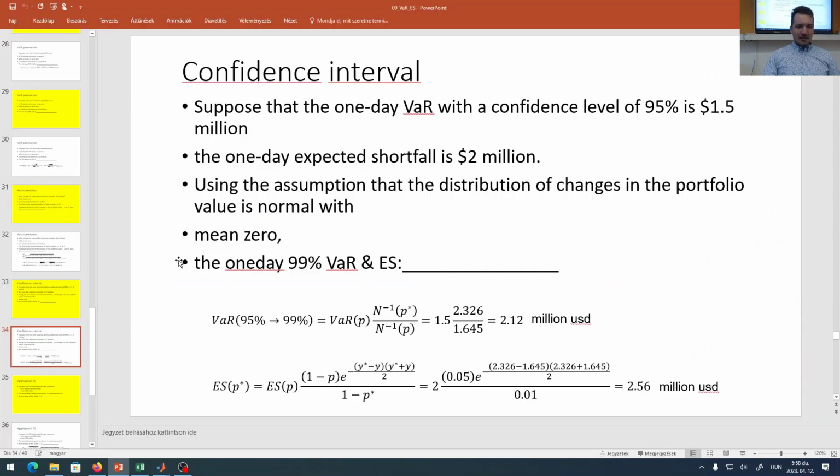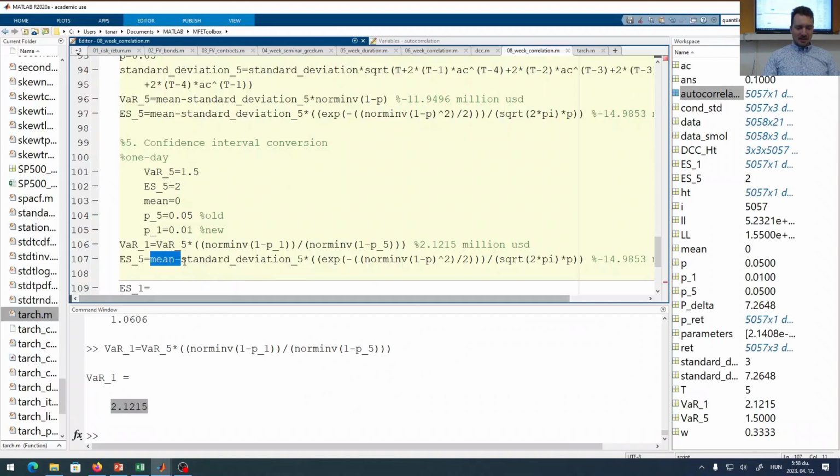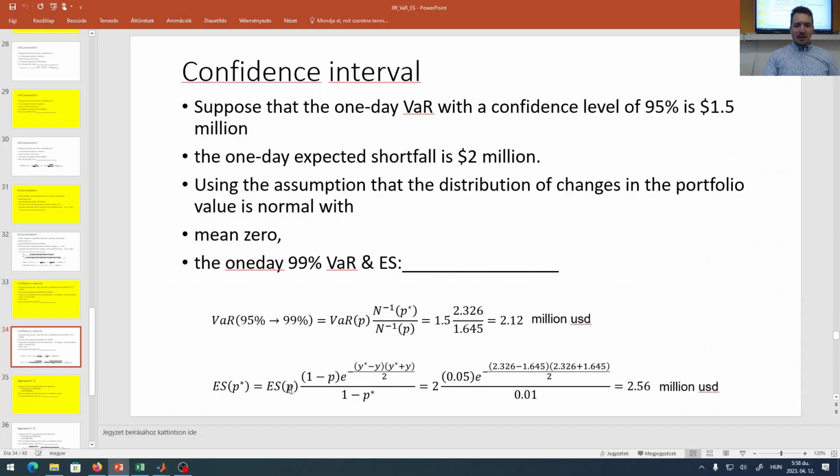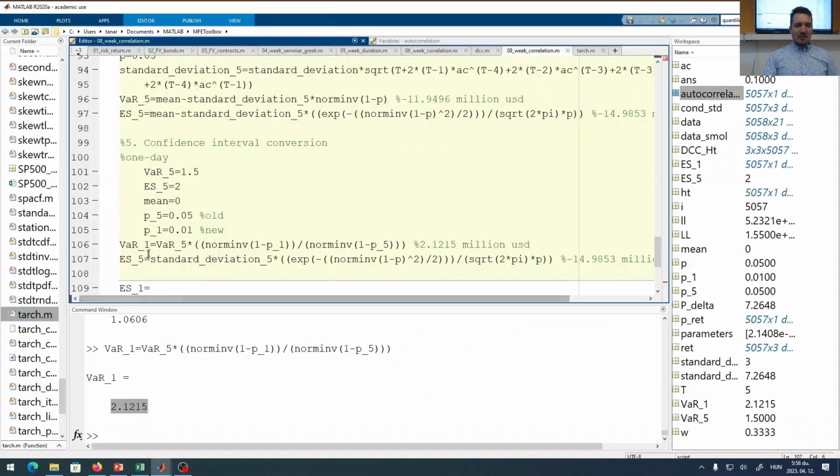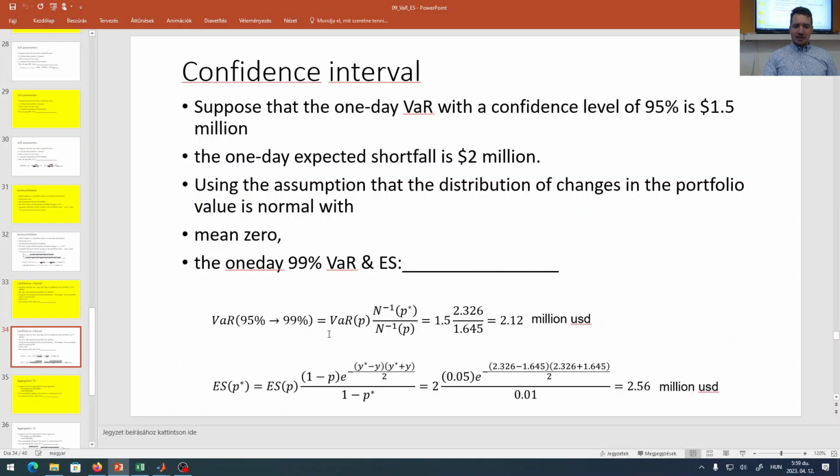We can see that we don't care about the mean. We can remove this. Also, the standard deviation is irrelevant for us, so it's already in the equation. Then what remains for us is the normal inversion and these things.